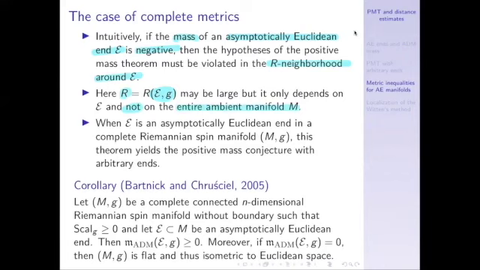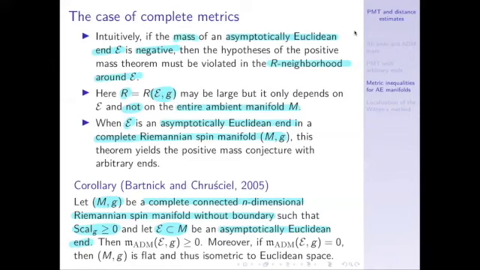Now, in the case when E is an asymptotically Euclidean end in a complete Riemannian spin manifold M, this theorem yields the positive mass conjecture with arbitrary ends. So in other words, as a corollary, we obtain a theorem that was proved by Bartnik and Chruściel in 2005. So let M be a complete connected n-dimensional Riemannian spin manifold without boundary, such that the scalar curvature is non-negative, and suppose that E is an asymptotically Euclidean end.